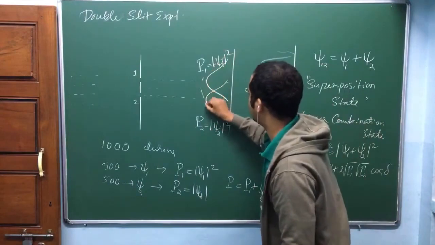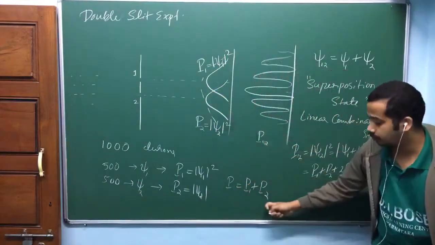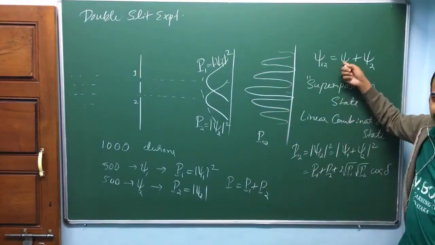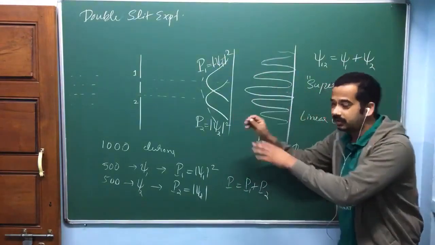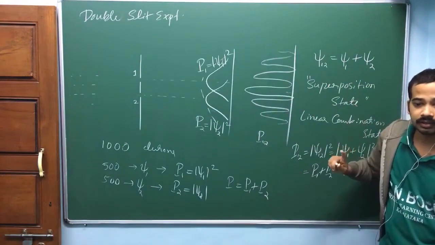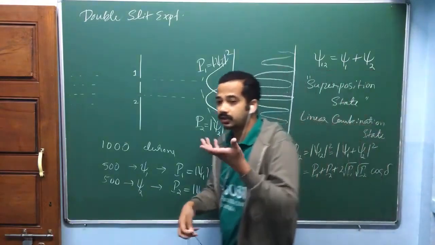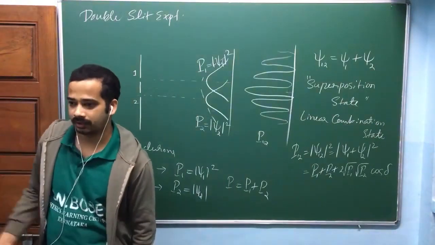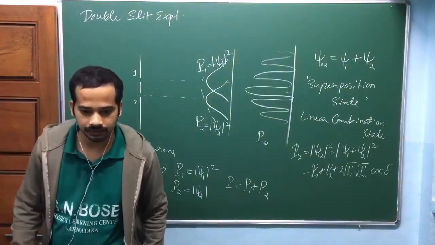But we are not observing this one, we are observing this one. So this is because of this. That's why, when you are not observing, the state is a superposition of translational states. Later we talk about energy eigenstates, spin states, like that. We have different states here.